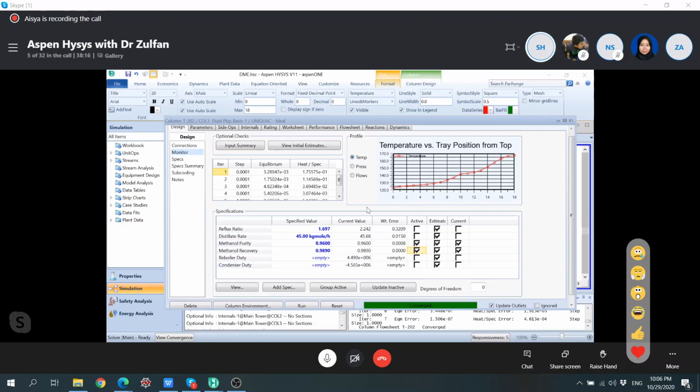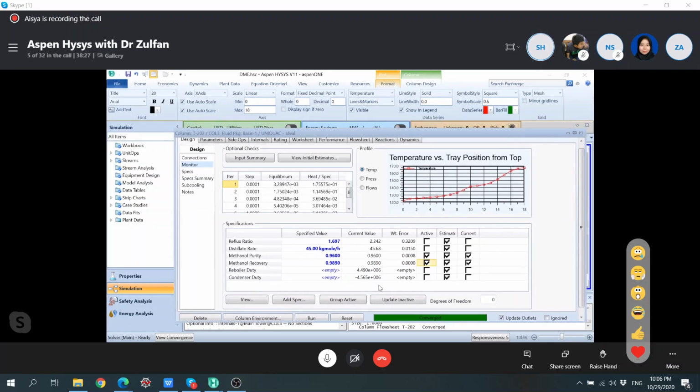The goal is to maintain the purity and recovery so that you have an apples-to-apples comparison. So you can just copy the reflux ratio and the duties, and then vary the number of stages, for example. Sorry, but the reflux ratio as well.